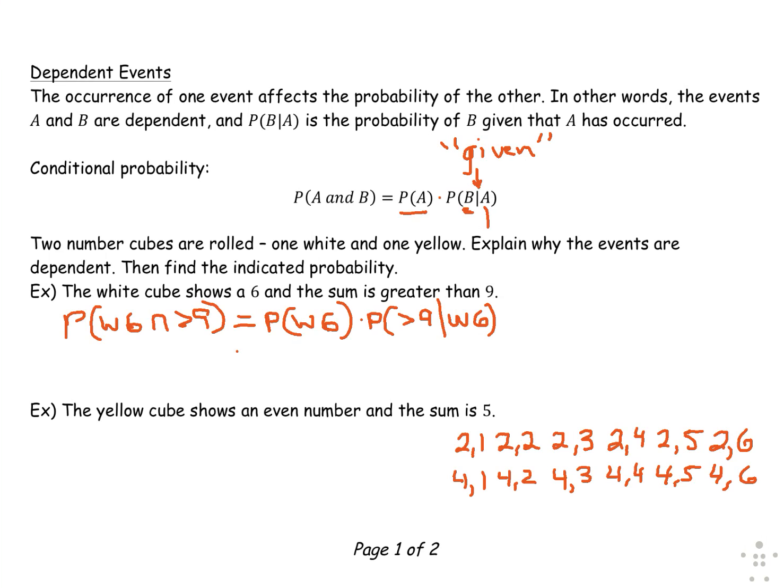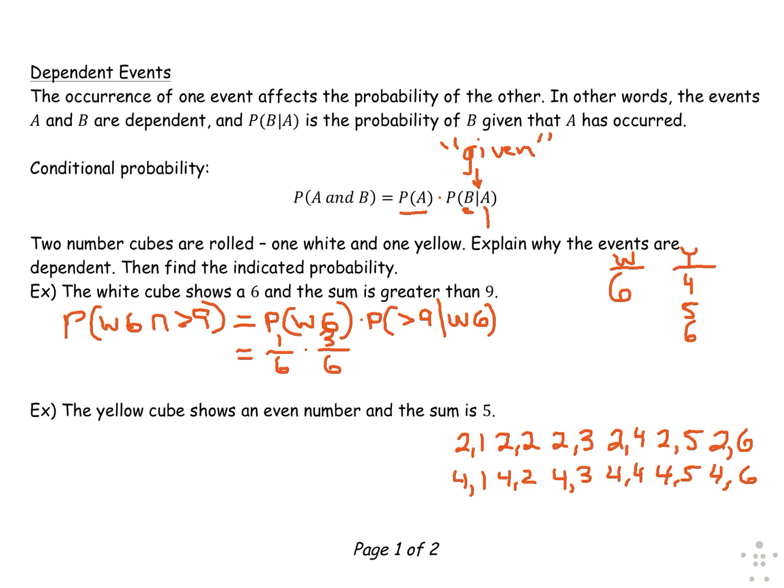The probability of rolling a white 6 on a standard number cube labeled 1 to 6 is 1 in 6. Now, like I showed before, given that we have on the white number cube a 6, we only have to get strictly greater than 9 for our sum: 4, 5, and 6 as the favorable options on the faces of the yellow cube. So 3 favorable over 6 possible.